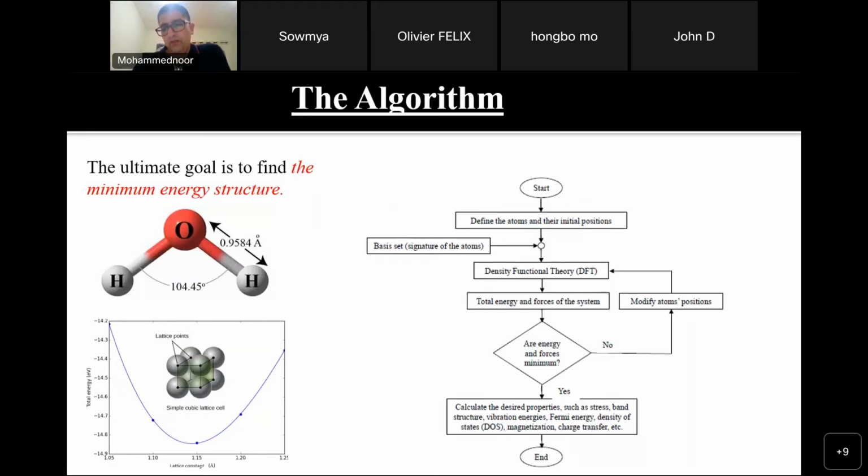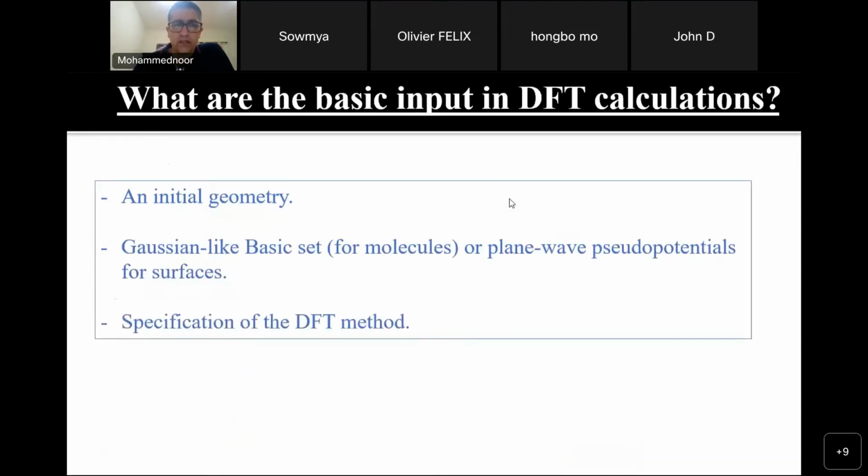If this minimum energy structure is found, then it proceeds to calculate the properties. Otherwise, the procedure repeats itself until a minimum energy structure is obtained. So this is how the students are trained.